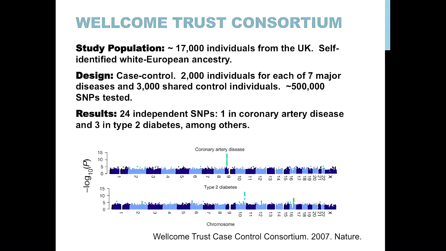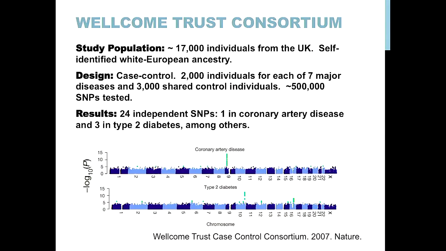Okay, so the first study that I want to talk to you about was conducted by the Wellcome Trust Case Control Consortium. This is actually a little bit old now, it's from 2007. In this study population, they used 17,000 individuals from the UK.